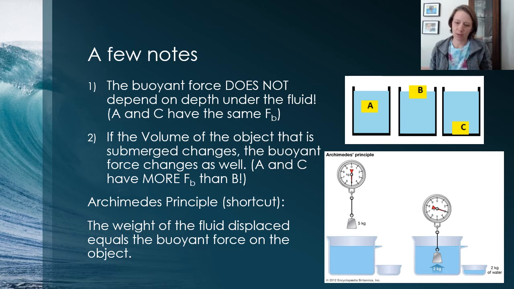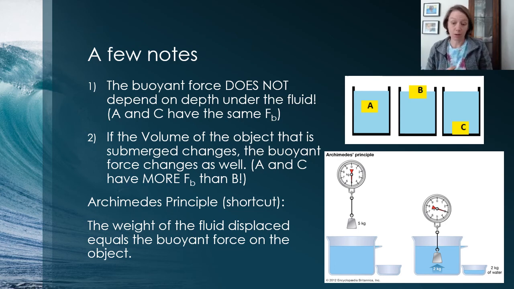And that means basically that the buoyant force on that block of metal is going to be 2 kilograms. The reading on the scale is going to be 2 kilograms less than it was before, because water is going to be holding it up to the tune of basically the mass of 2 kilograms.